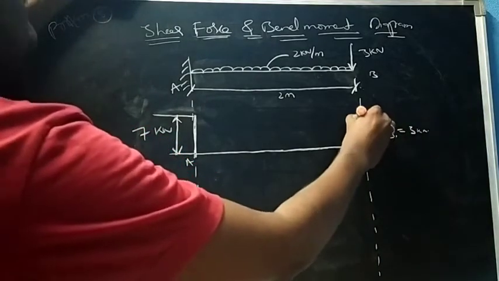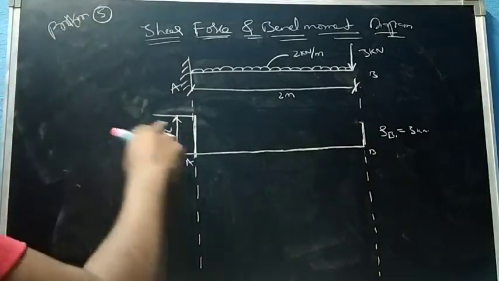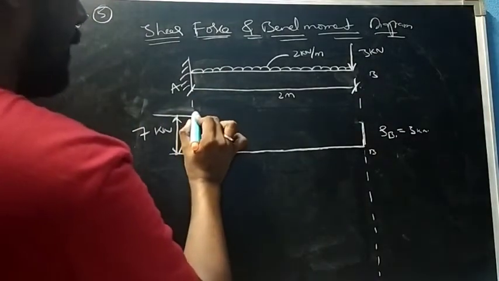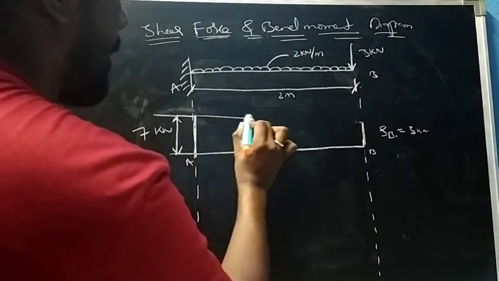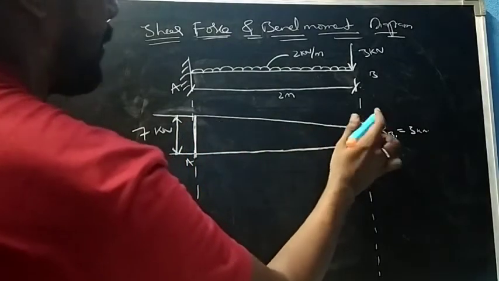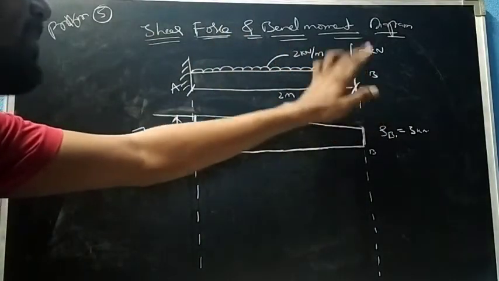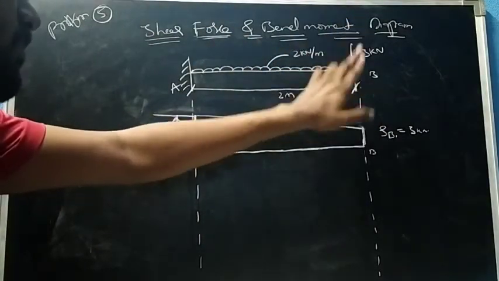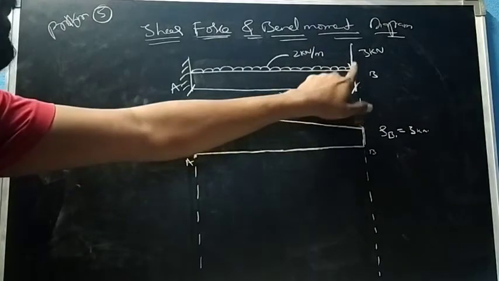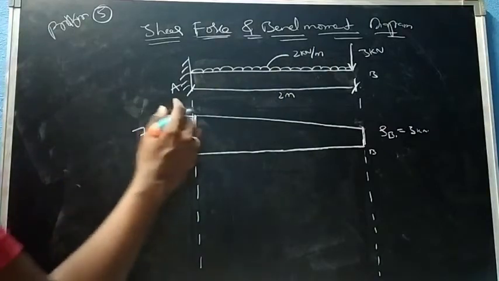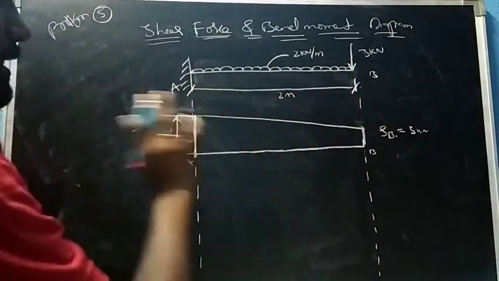So I just stop here at 3 kilonewton, and it is 7 kilonewton at A. I will join this line. If this point load were not there, imagine it is not existing on this beam, it would be a perfect rectangle.